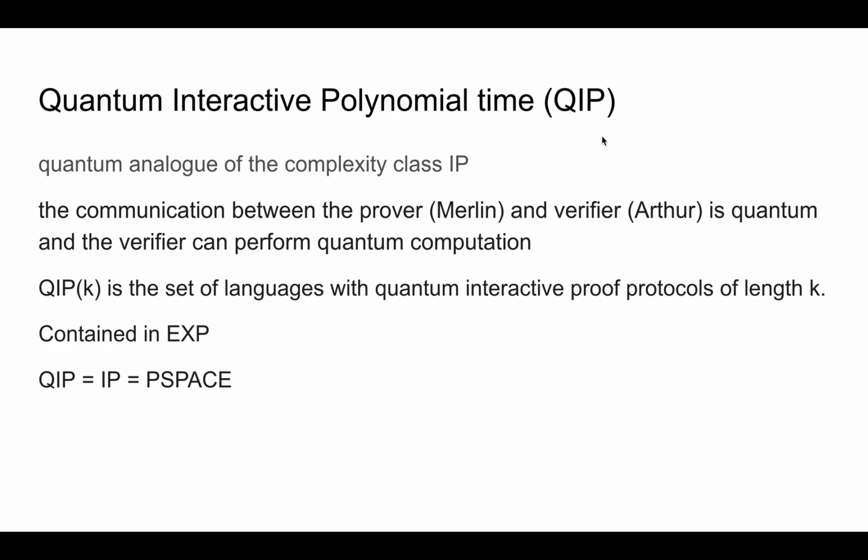Recall that IP is the protocol in which the verifier and the prover communicate, and in the end the verifier needs to decide whether or not to accept the proof of the prover. So QIP(k) is a set of languages with quantum interactive proof protocols of length k. And basically QIP is contained in PSPACE in EXP, and QIP equals IP equals PSPACE.